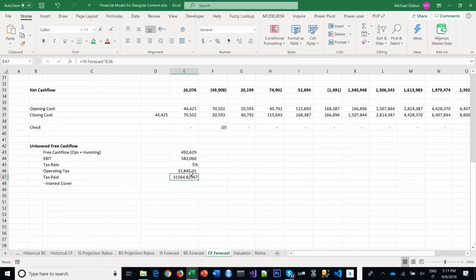So the difference between the two is the cover you have. The difference between the two is the interest tax cover I'm trying to take out.